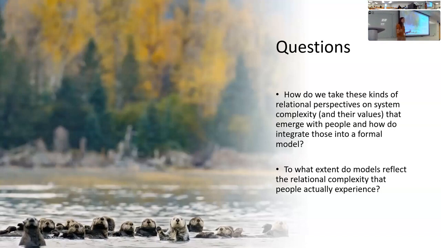It's already been happening since 2009, and so we're starting to see them come back. One of the things the modelers are grappling with at the moment is, to what extent can models show this relational complexity? Those are my questions as I wrap up this work.